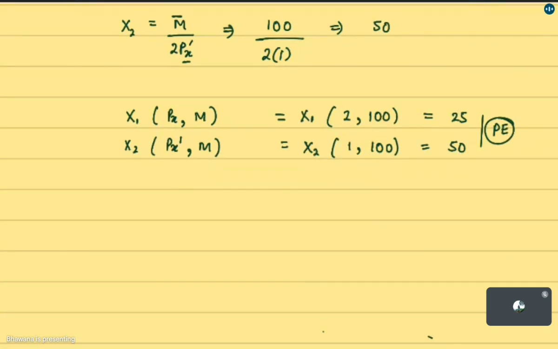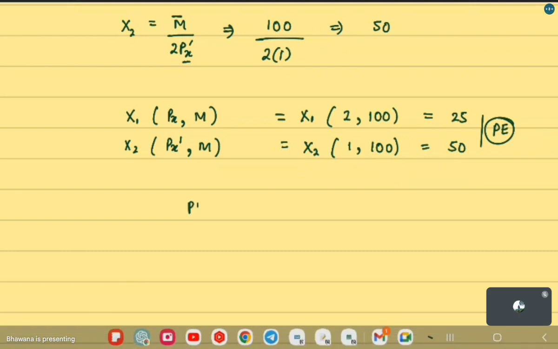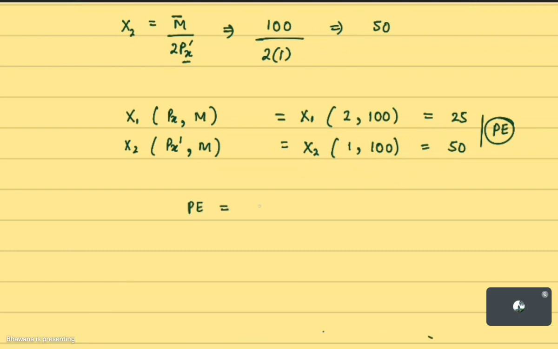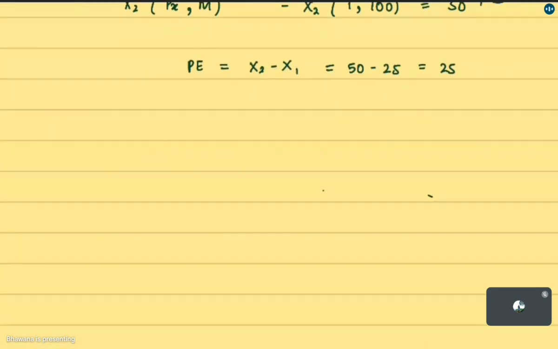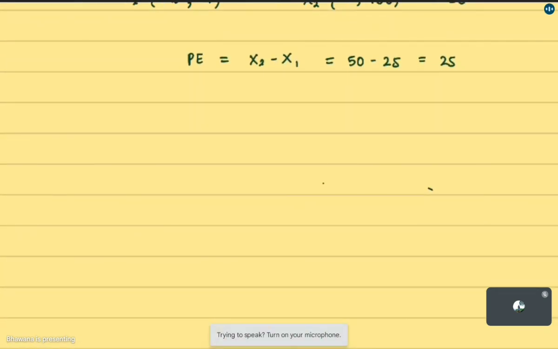Okay, so the price effect depicts this x2 minus x1, which is 50 minus 25, you will get 25. So overall, the change in quantity demanded of x as a result of the change in price is equal to 25. So ये हमको first मिल गया, overall price effect.